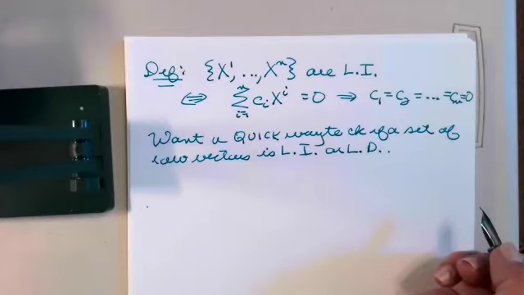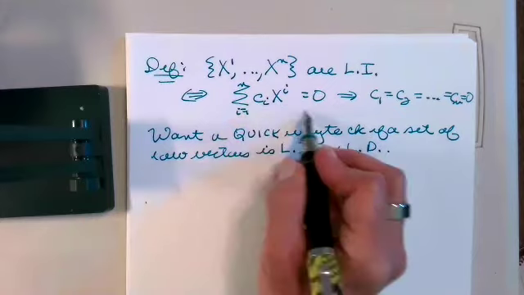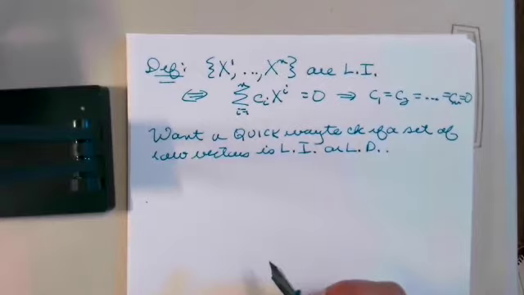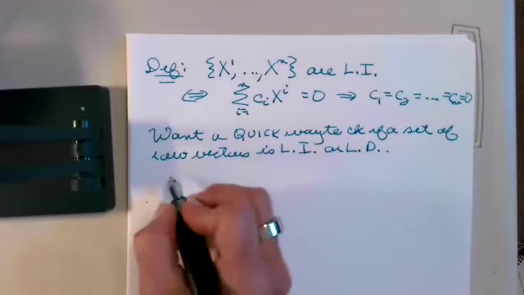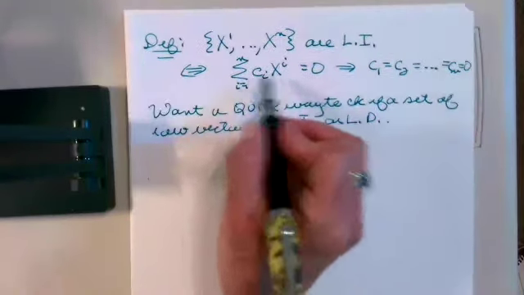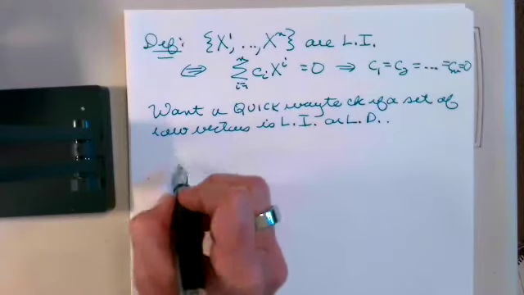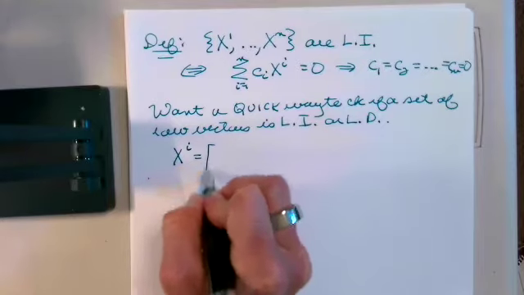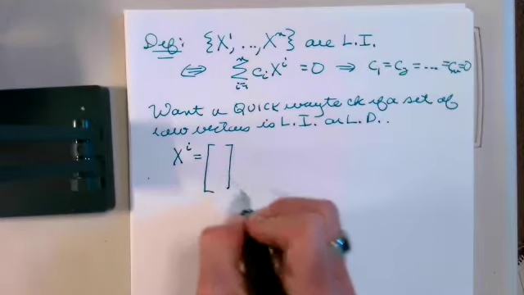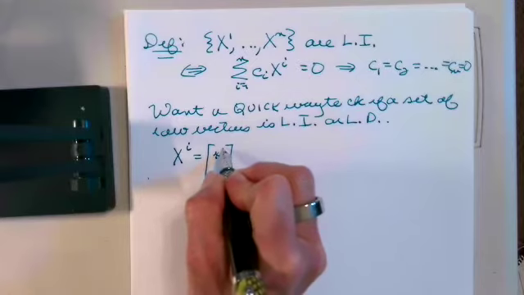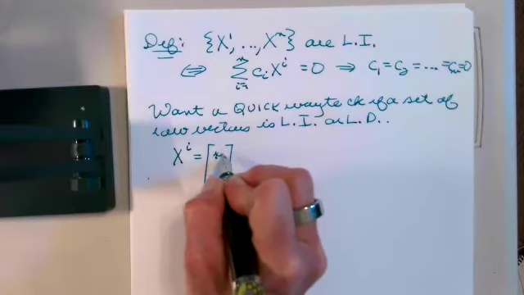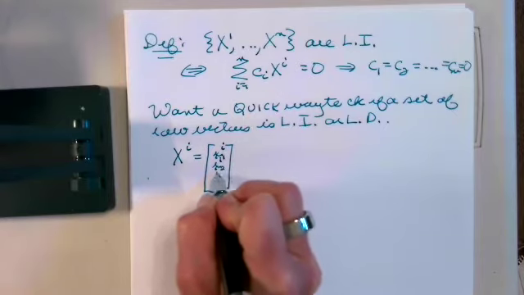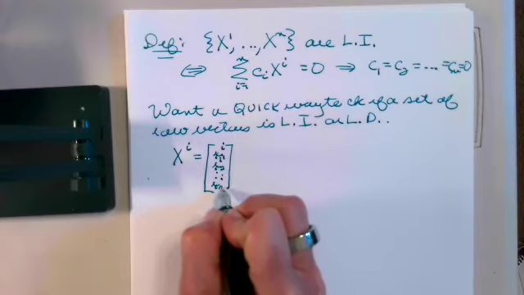Well, basically, let's look exactly at what this statement means. If I think of each of my vectors, x super i, as a vector in R^n, it is x^i_1, x^i_2, up to x^i_n.